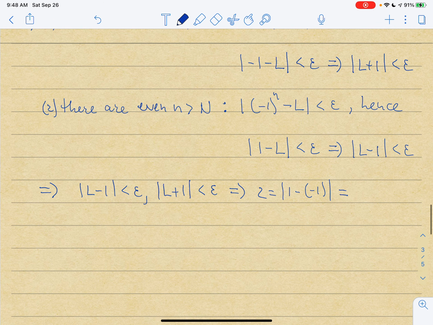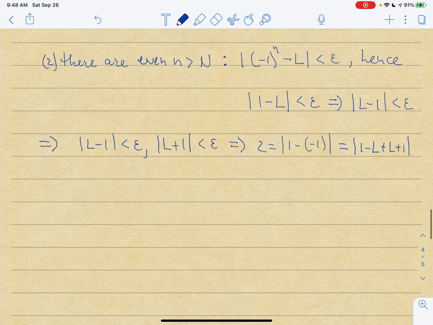I can take what I've written here and I can add and subtract L. So 1 minus L plus L, and minus 1 is really plus 1. Right? So adding and subtracting L really does not change anything.